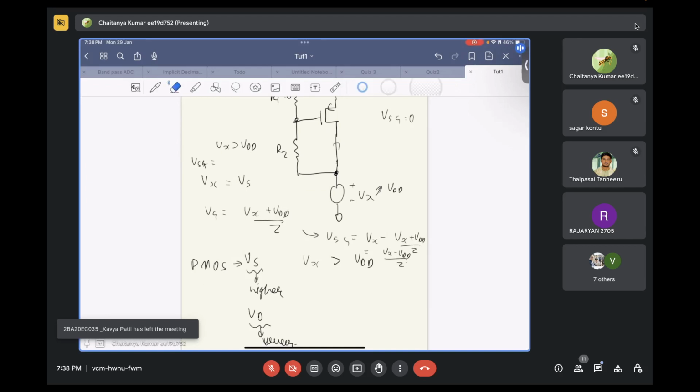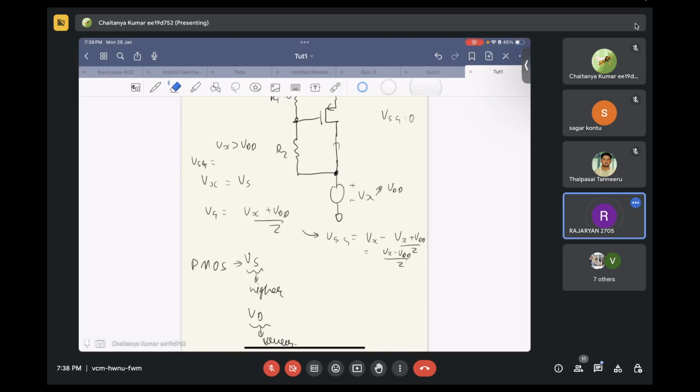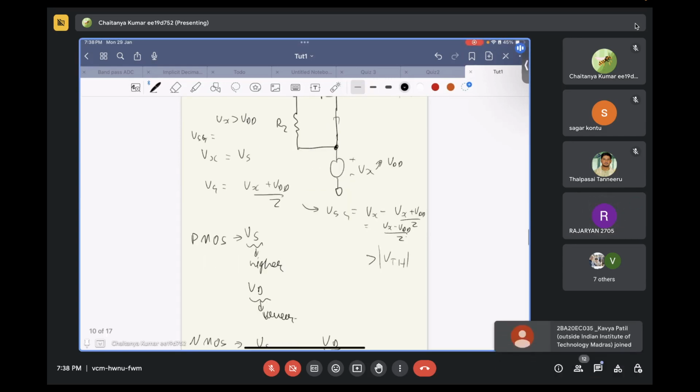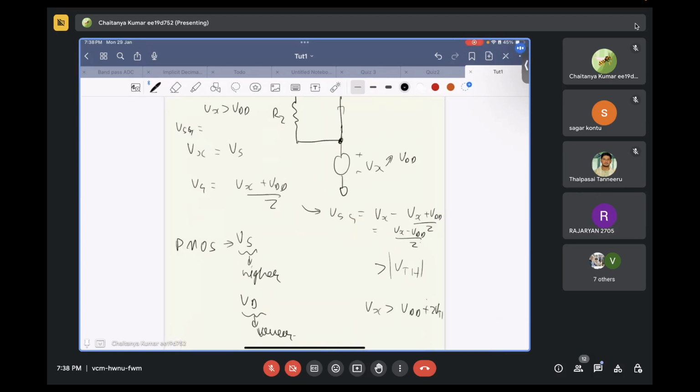Now, the moment this voltage becomes greater than modulus of VTH, your device will turn on. So it turns out that if your Vx becomes greater than VDD plus 2 VTH, your MOSFET will turn on again.